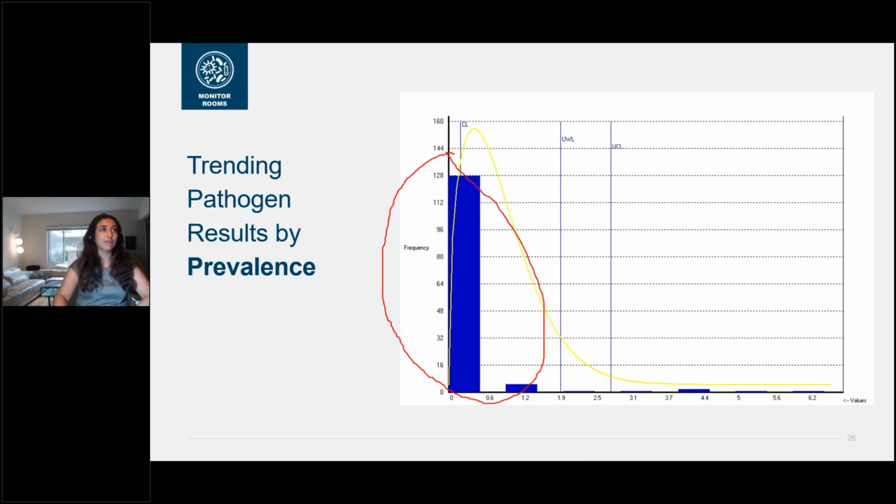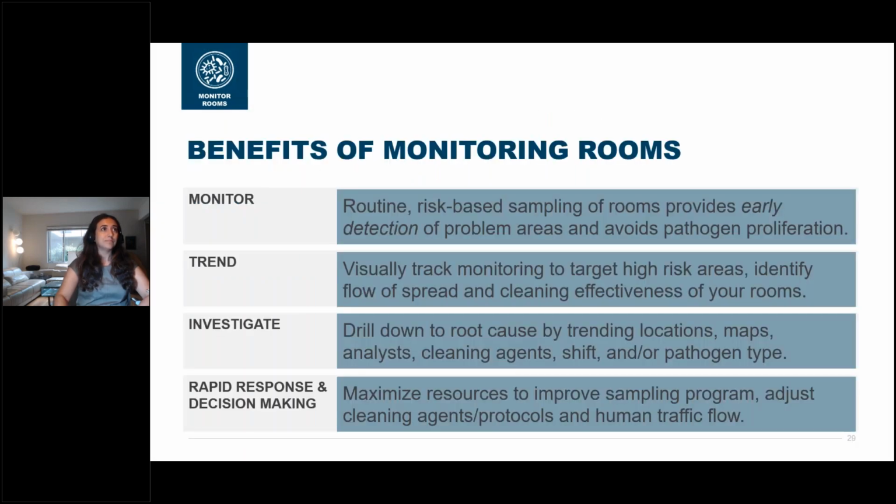So here we have a really high count of 0. So we're doing pretty well there. And then I see my upper warning limit, my upper control limit, which is my second and third standard deviation. And gives me an idea of what I should be setting my limits at in order to be alerted at the right time. So just an overview of what we looked at.